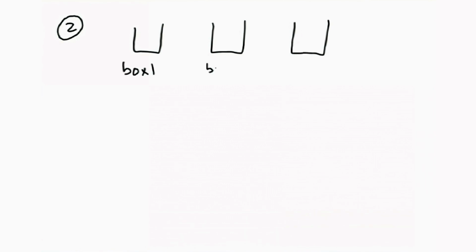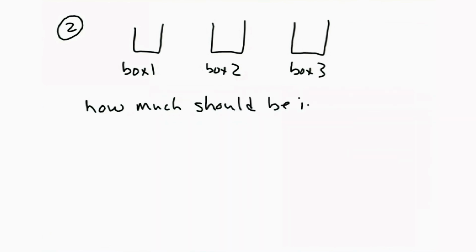Now, let's say same concept, but different idea. Let's say we have 3 boxes. So we have box 1, box 2, and box 3. And let's say these boxes have to be equally weighted. If they have to be equally weighted, then how much should be in each box?